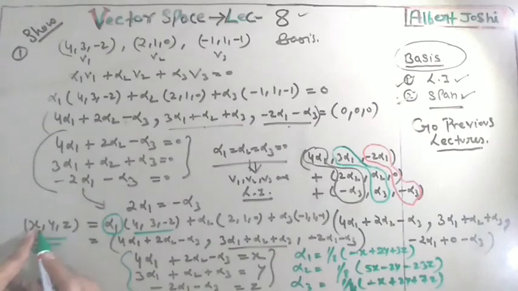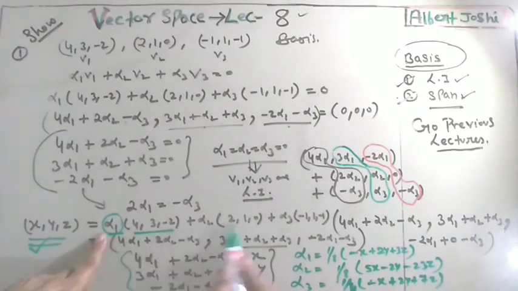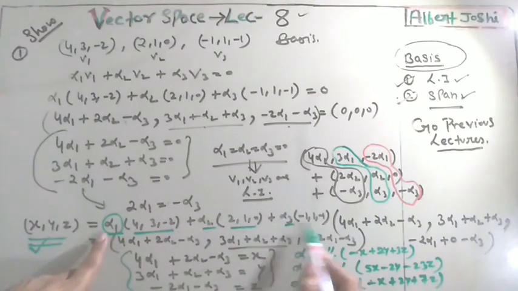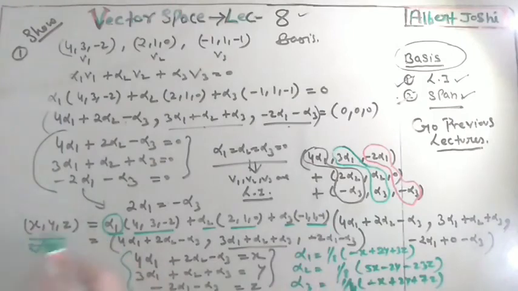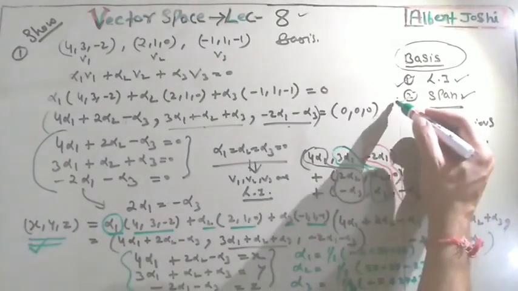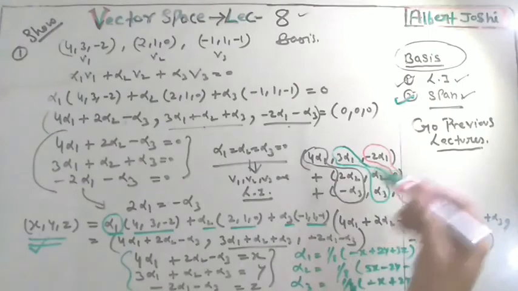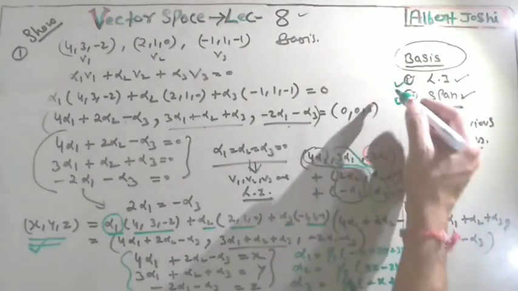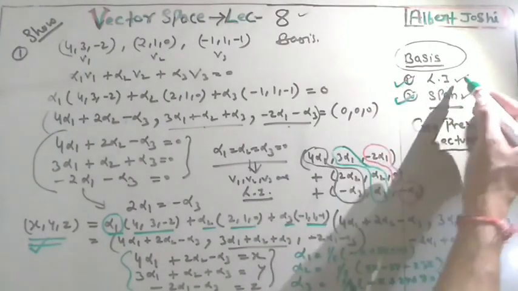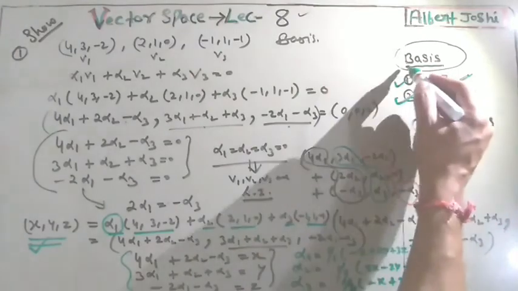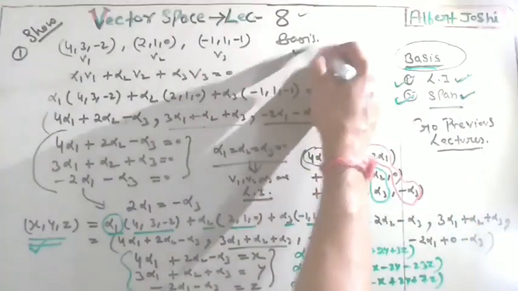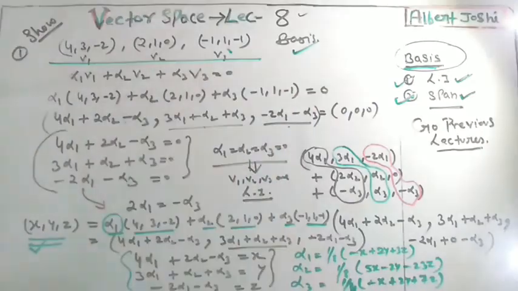If any vector can be generated by the help of scalars and vectors, it means that this is the span. It means that you have proved this is linearly independent and spanning. It means that this is the basis. These vectors are the basis.